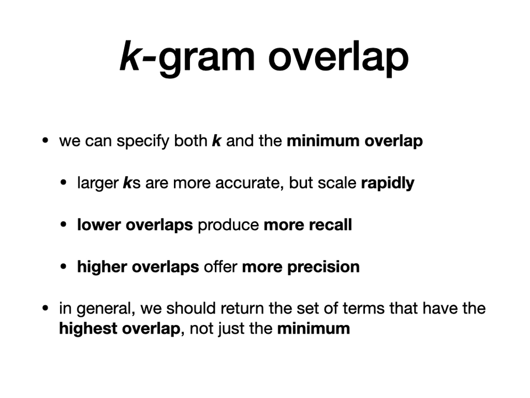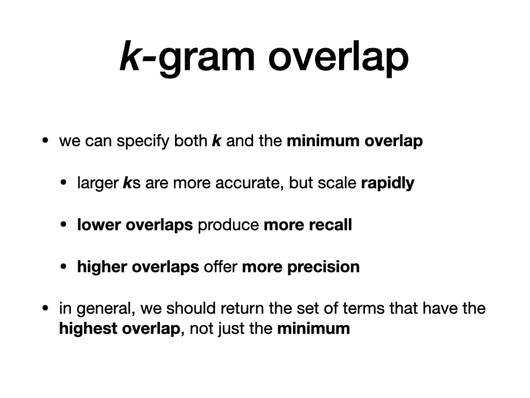But if we have a really high overlap, well, that's nice and precise, but that also makes it so that we're maybe not likely to find a good replacement because the user could have kind of butchered the word. So we want the set of terms that has the highest overlap, not just the minimum.